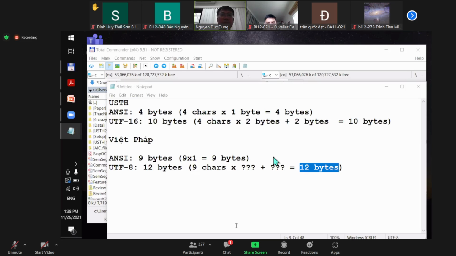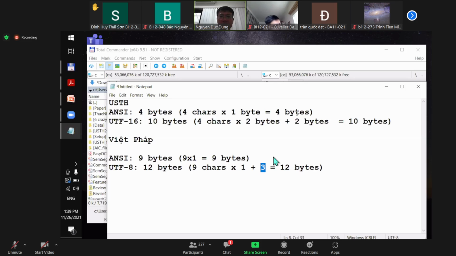Yes, Đinh Huy Thái Sơn, please. Okay, so for UTF-8, I think each character will require 1 byte. So 9 characters multiplied by 1, I mean 9 bytes, and plus more 3 bytes. 3 bytes. Okay.